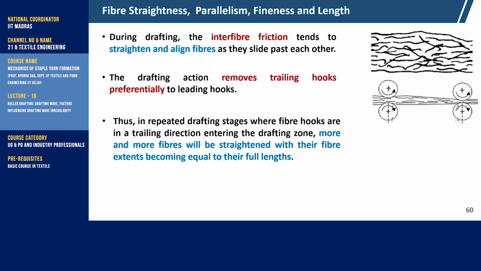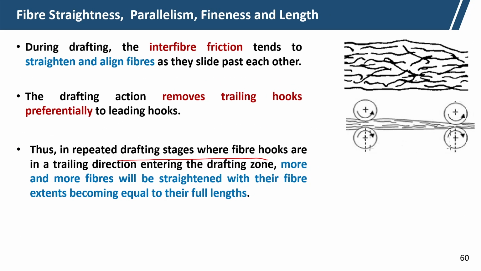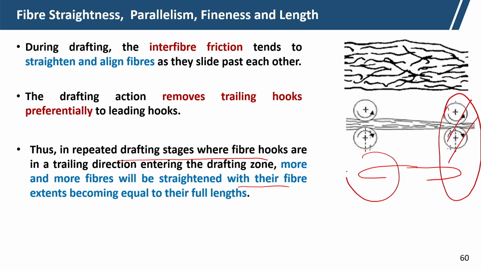Thus, in repeated drafting stages, when the hooks are in trailing direction entering into the drafting zone, more and more fibers will be straightened with their extent becoming equal to the full fiber length. Now, with hooks on both sides, in the first drafting this trailing hook will be removed.